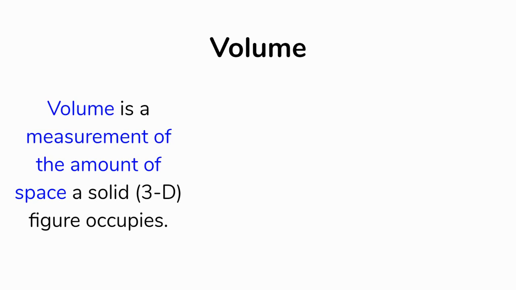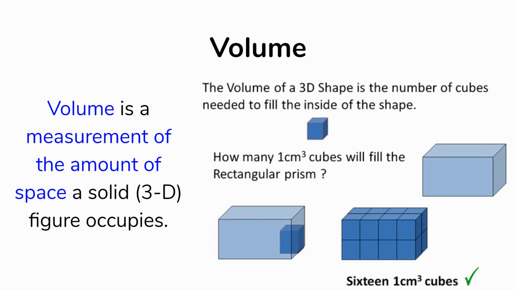Volume is the measurement of the amount of space a solid three-dimensional figure occupies. And one way that we measure the volume of something is by seeing how many unit cubes fit inside of the shape. If you look at the picture on the right, there is a rectangular prism, and we're seeing how many of these 1 centimeter unit cubes will fill the prism.